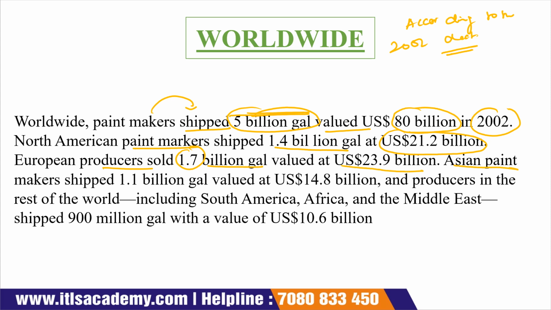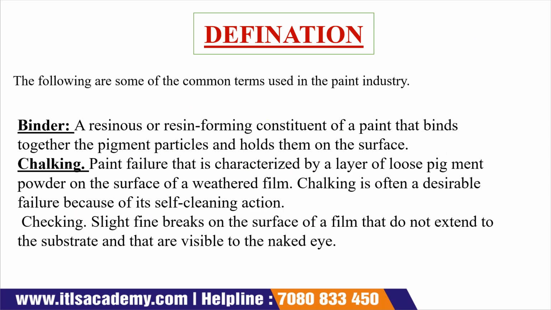Asian paint makers shipped 1.1 billion gallons, valued at around 14.8 billion US dollars, and producers in the rest of the world, including South America, Africa and the Middle East, shipped around 900 million gallons, valued at 10.6 billion US dollars. So this is the worldwide paint makers' shipment.